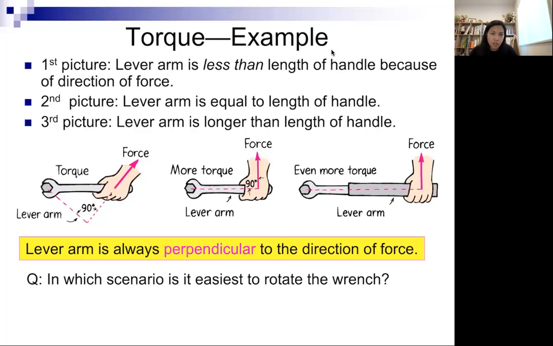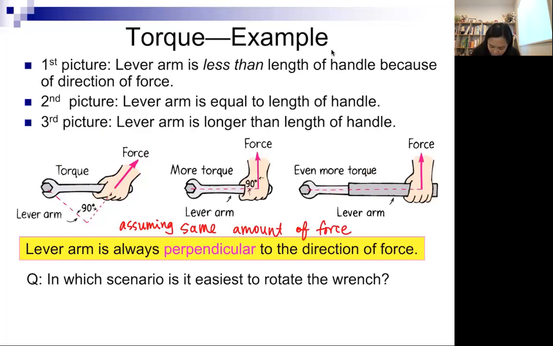Good. I can see the answers there in the chat box. Yeah, the third scenario will make it easier to rotate the wrench. Assuming the same amount of force is applied, the amount of rotation depends on how long the moment arm, or the lever arm, is.